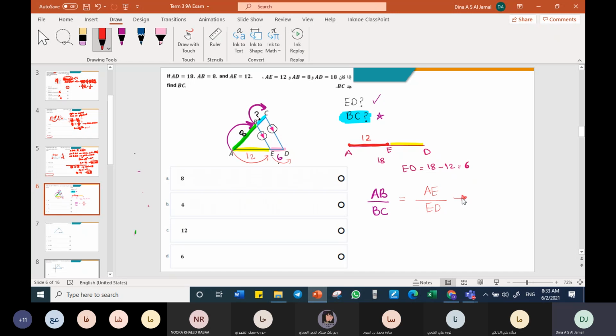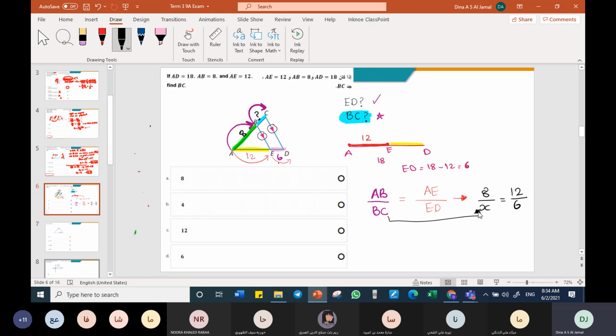Substitute now with me with the numbers. AB is 8, so 8 over x equals 12 over 6. Now, this x will be representing BC.